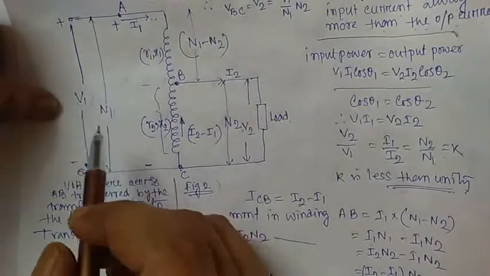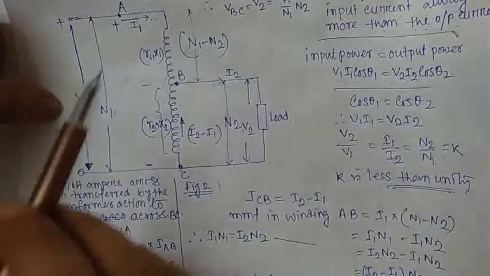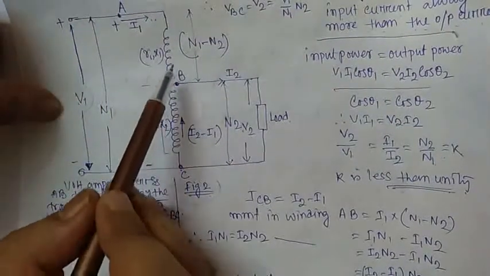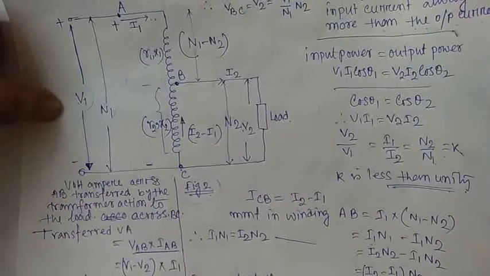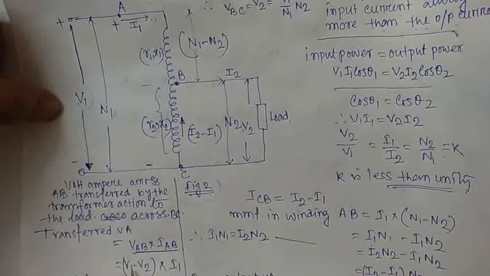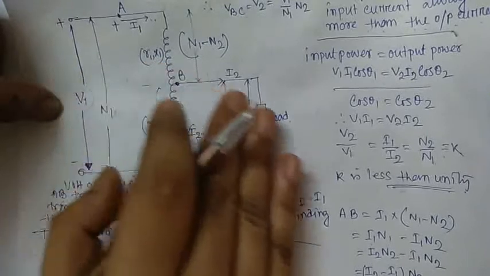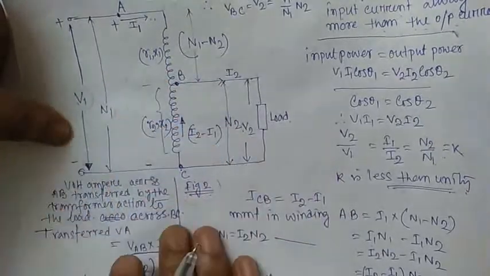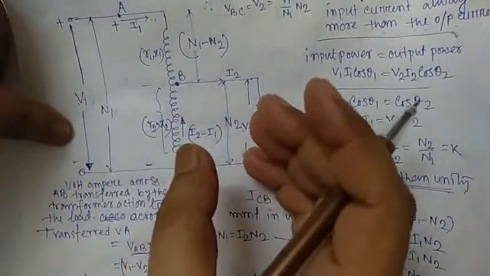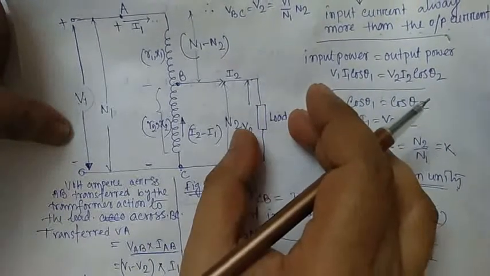Out of input VA, that is V1 into I1, only V of AB into I of AB, that is V1 minus V2 into I1, is transferred to the load by means of transformer action, and the rest of the VA is transferred to the output by conduction.